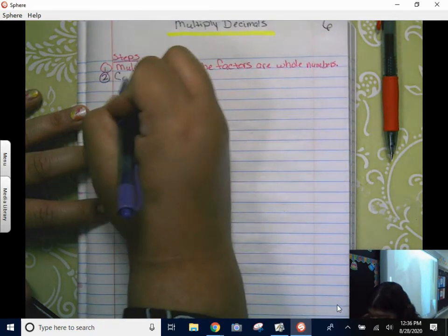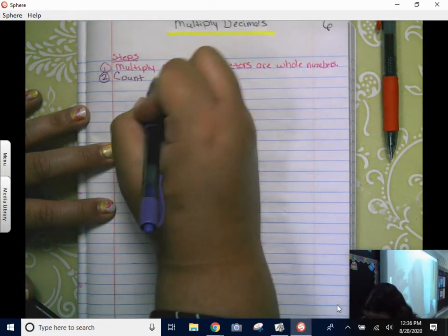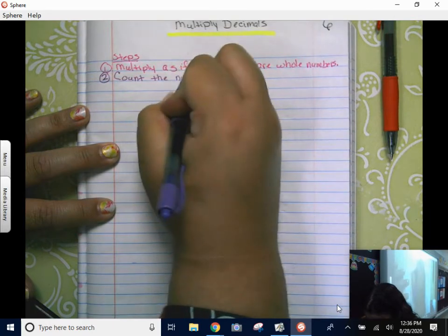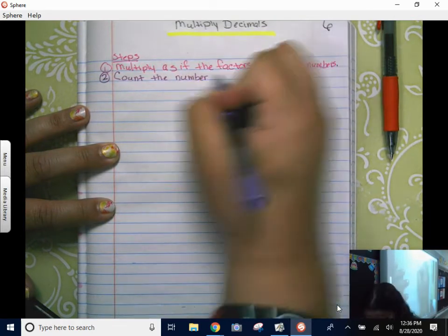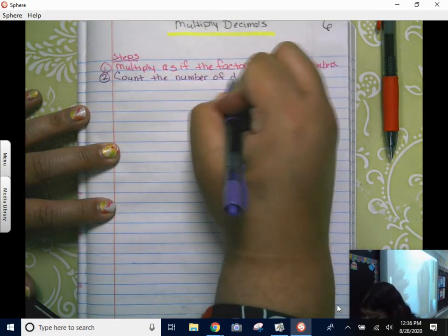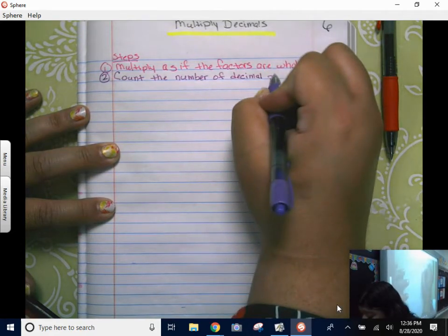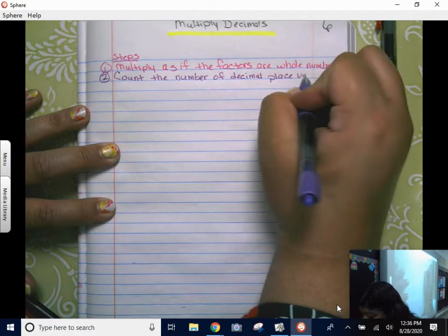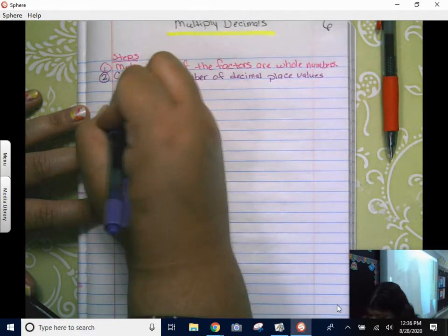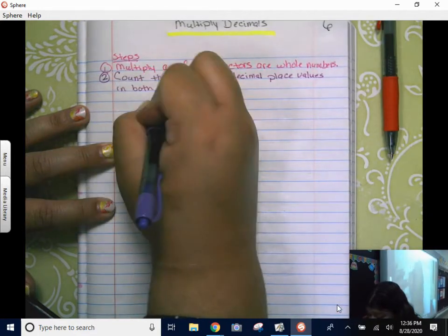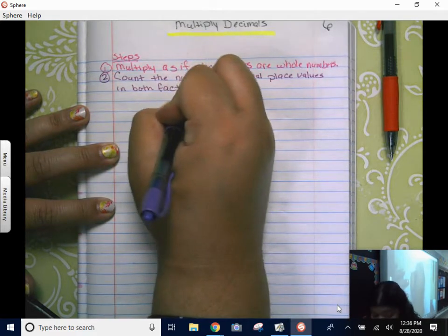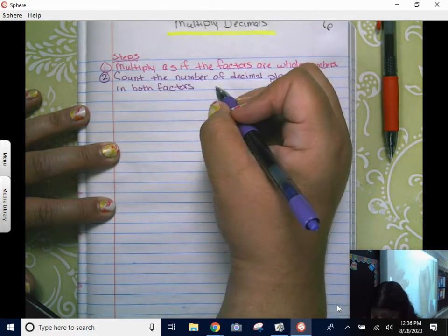So step 2, let's write it out. We are going to count the number of decimal place values in both factors, okay?